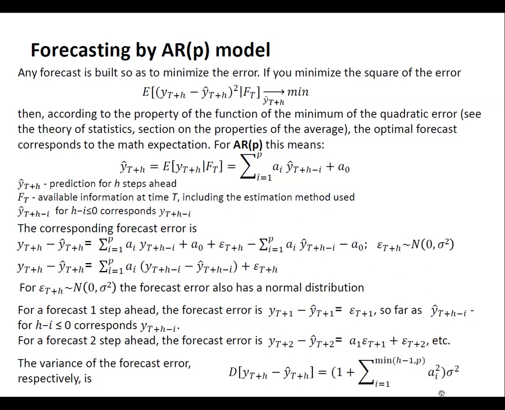In the general case, if we apply the variance operator to this formula, then we get the following equation. The error variance for h steps ahead is 1 plus the sum, with the counter from 1 to the minimum value between h minus 1 and p. H here is the predicted period, and p is the order of autoregression, multiplied by the autoregression coefficient a_i squared, and after the bracket, already multiplied by the error variance squared.